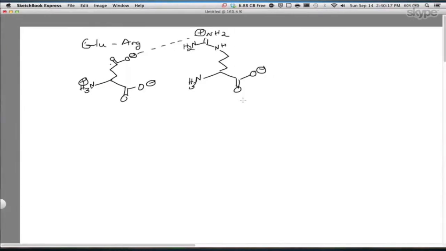Okay. Your arginine, the way you've drawn it, I guess you should put a positive charge on the NH3. And because these are now separate from each other, you notice off to the side you have it written GLU-ARG.